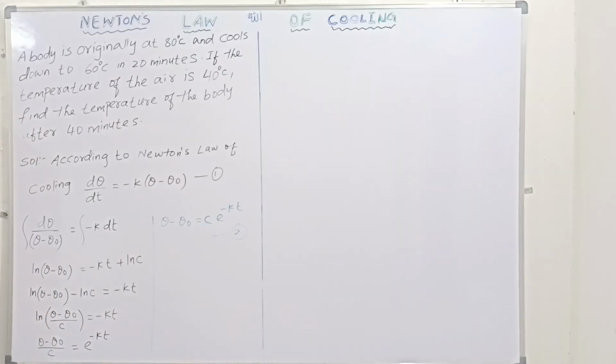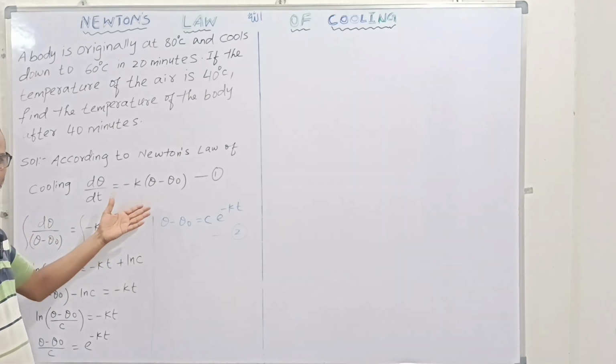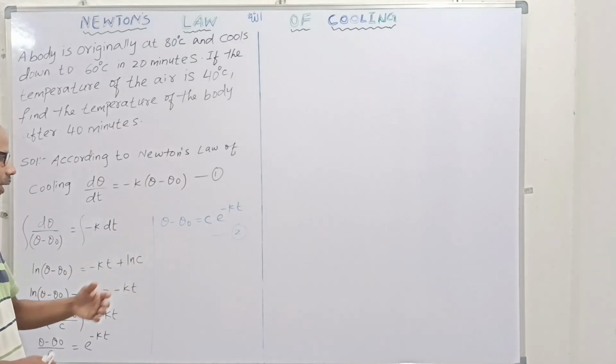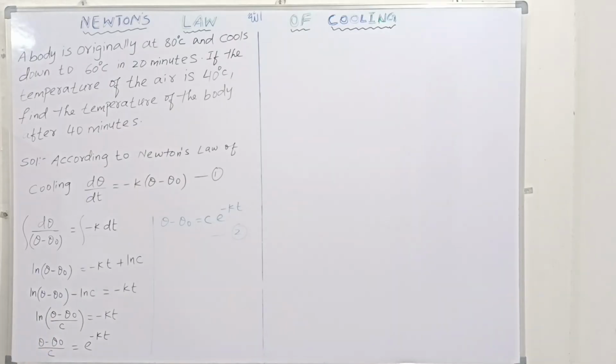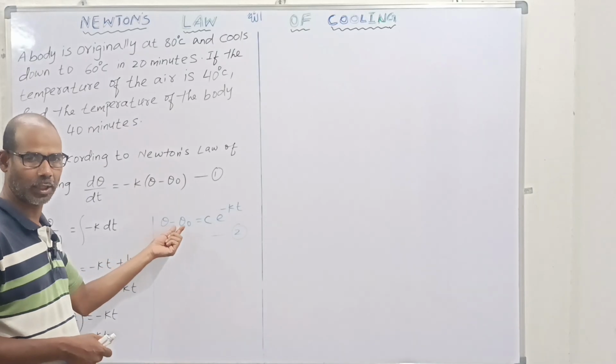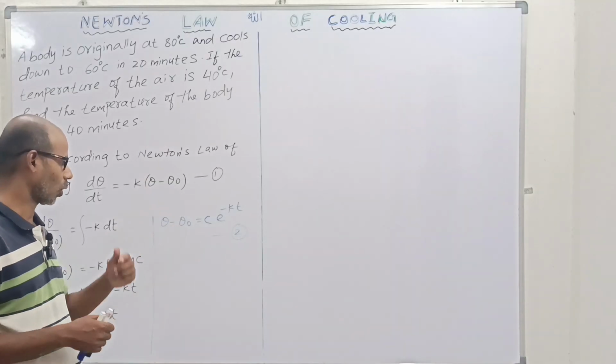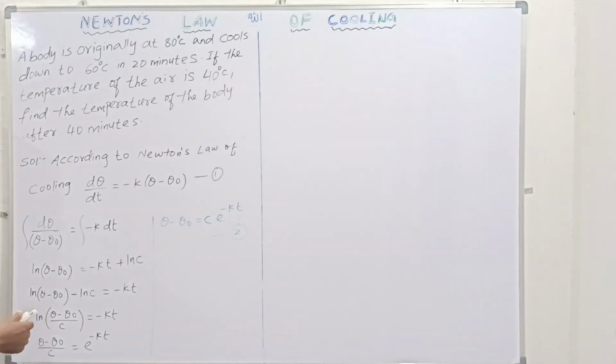Now we will use the conditions given in the problem. The first step is to write down the equation of Newton's law of cooling. Then we use the variable separable method and get theta minus theta naught is equal to c into e power minus kt, where theta is the temperature of the body and theta naught is the temperature of the surrounding medium.